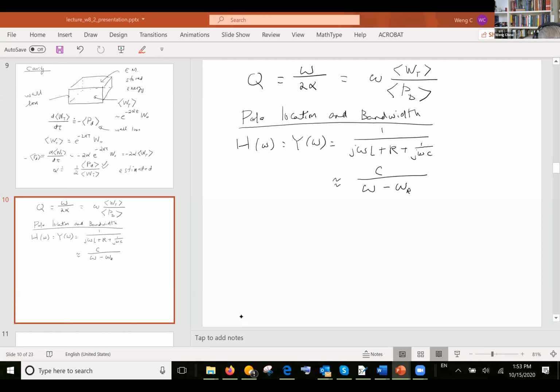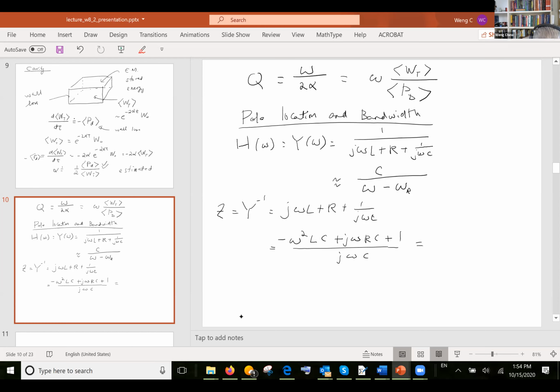So the denominator, the Y inverse, which is my Z, is j omega L plus R over 1 over j omega C. And then you can multiply this through by j omega C, you get omega squared LC plus j omega RC plus 1 over j omega C equal to zero.